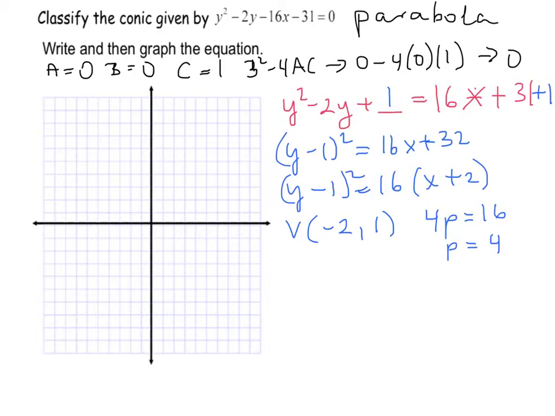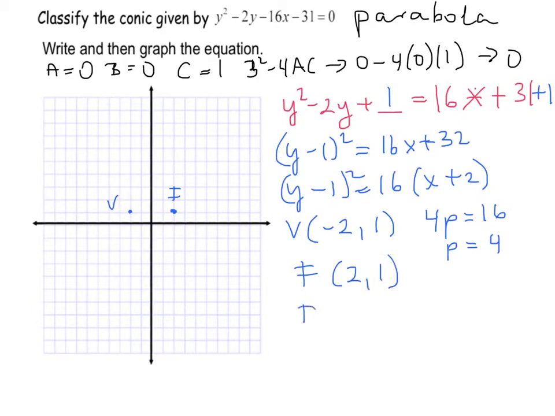So the first thing I do is I graph the vertex of the parabola, which is negative 2, 1, and I label this vertex. I know that the focus is going to be 4 to the right from here, so now I write my ordered pair for my focus, which is 2, 1.